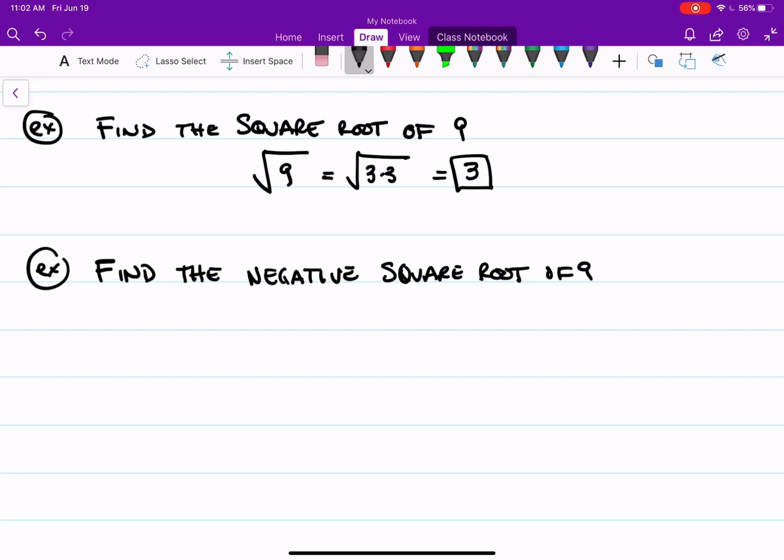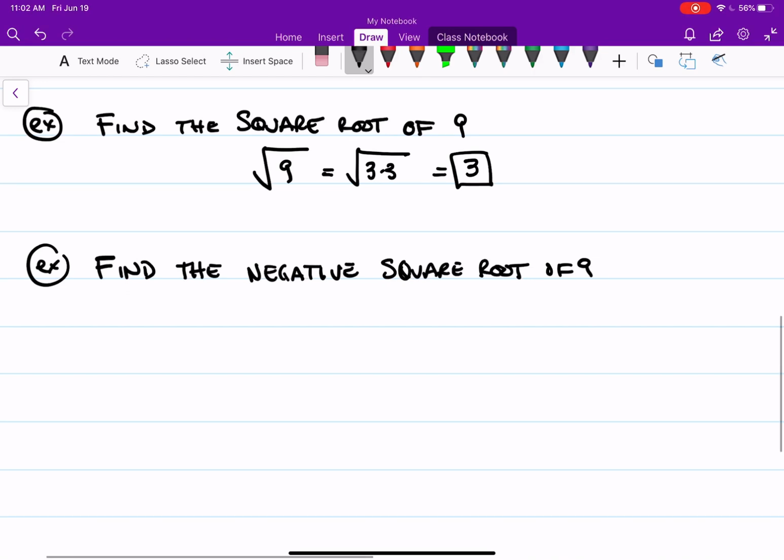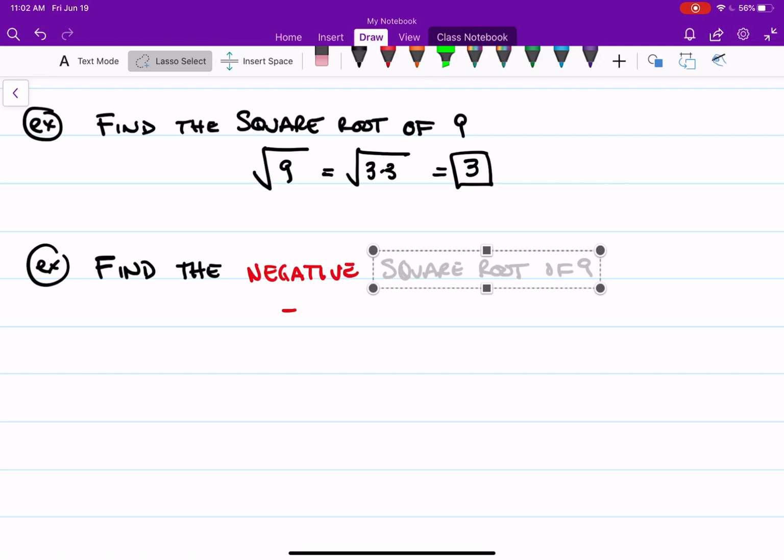The negative is in front. So the negative square root of 9 means it's a negative. Let me make that red to show the negative, and then I will lasso this and turn it blue, so that this is the square root of 9. That's the literal translation of what was above.